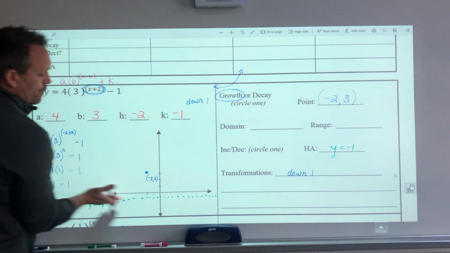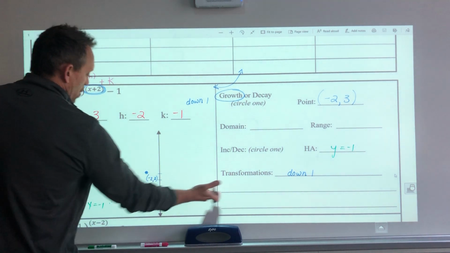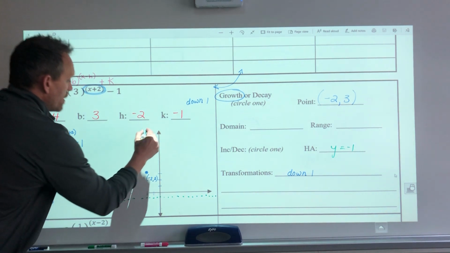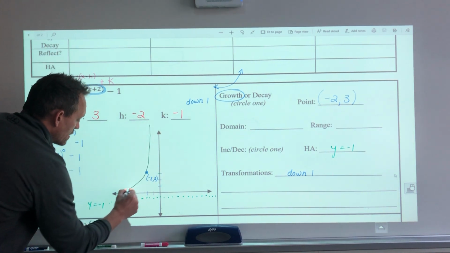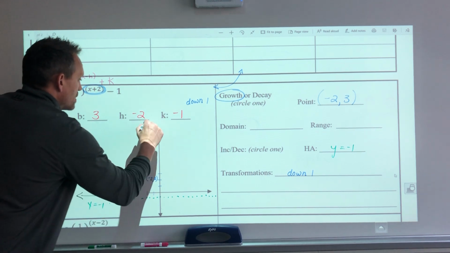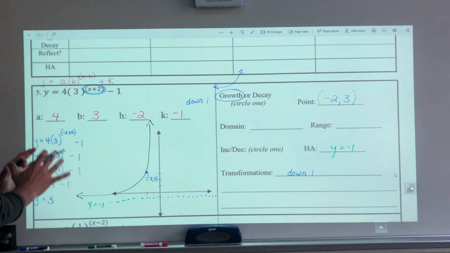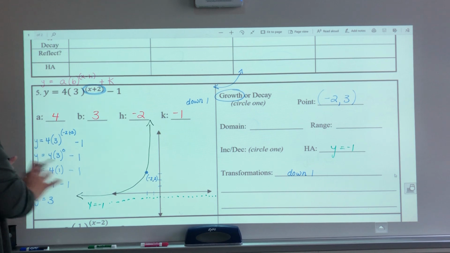But at the end of the day, if you find out your horizontal asymptote, understand your baseline point, you're going to know it's going to look like this. I know I'm somewhat minimizing it, but at the same time, we need you to at least be able to do this type of understanding.